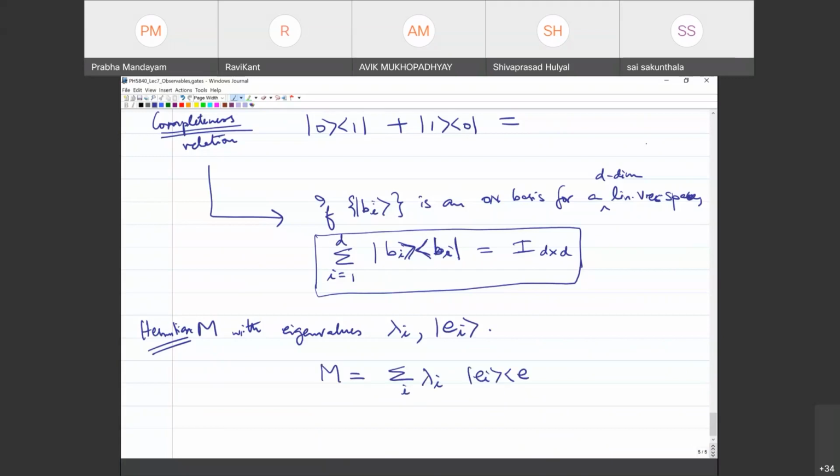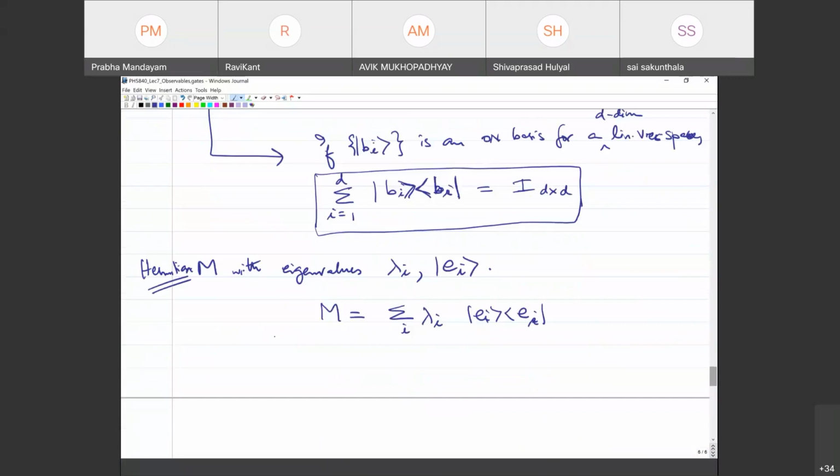Since the matrix is diagonal, right? Remember I said the matrix has a representation of this form where it's diagonal. It has lambda 1, lambda 2, etc. up to lambda d sitting in the diagonals. Everything else is 0, right?